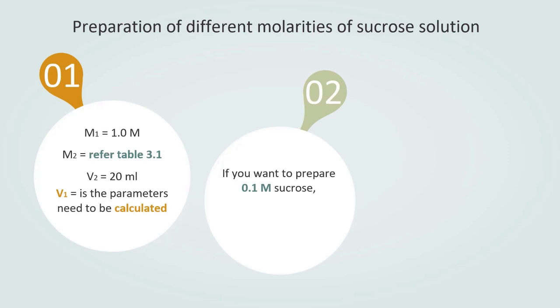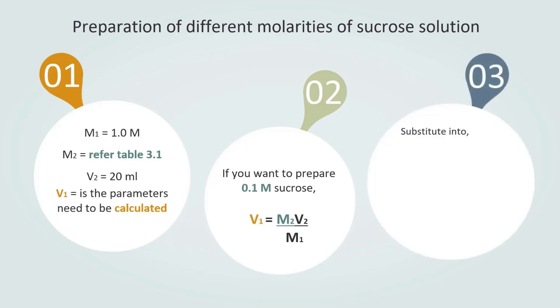So let's look at one specific example, how to prepare the 0.1 molar sucrose solution, in which we rearrange the dilution method formula to calculate V1. So V1 equals M2 times V2 over M1. Once we rearrange that, we substitute all the information that we already have into the formula.